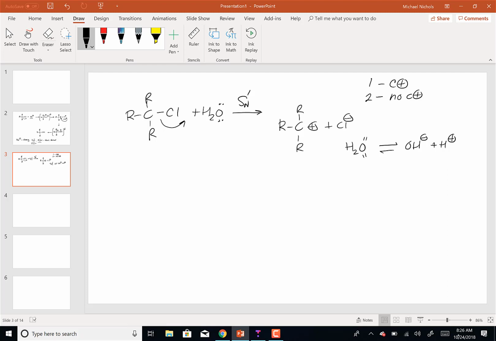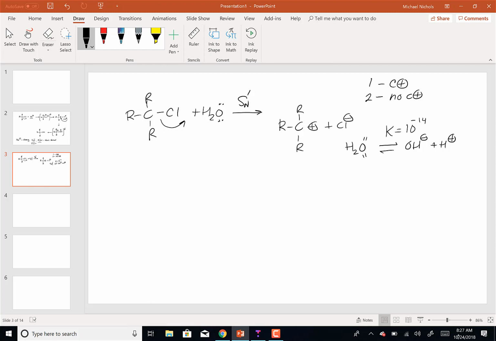Because that's the equilibrium, and I even know what the K of that equilibrium is. Isn't it 10 to the minus 14th?